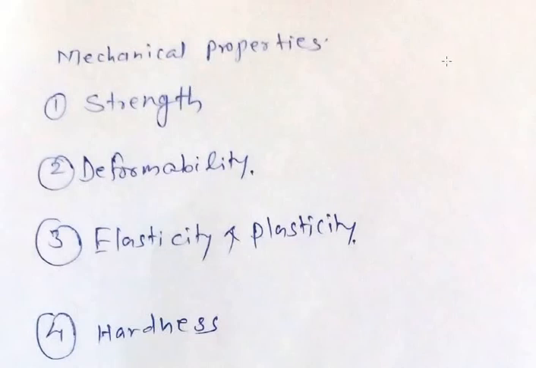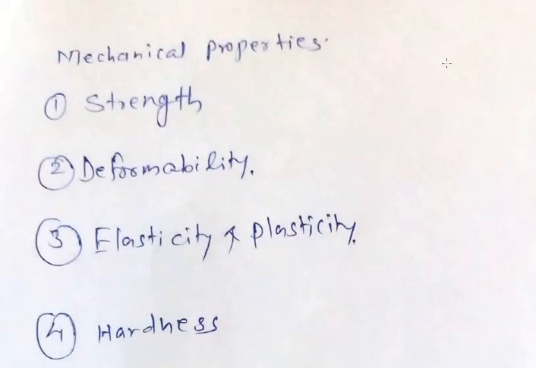Tensile strength of basalt is 60 to 120, gabbro 50 to 80, granite 40 to 80, limestone 10 to 70, sandstone about 20, shale 20 to 100, gneiss 40 to 70, marble 50 to 80, quartzite 30 to 50, slate 70 to 200. This is about the strength.